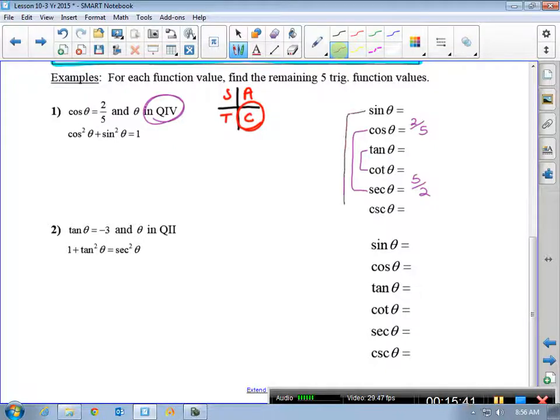And let's just bracket these off so we can flip them when we're done. If we know cosine, we can use the identity with cosine in it to find sine.